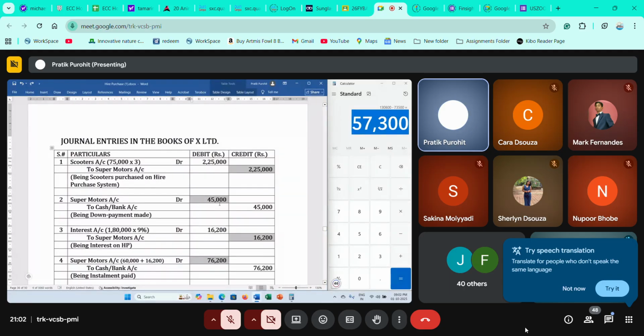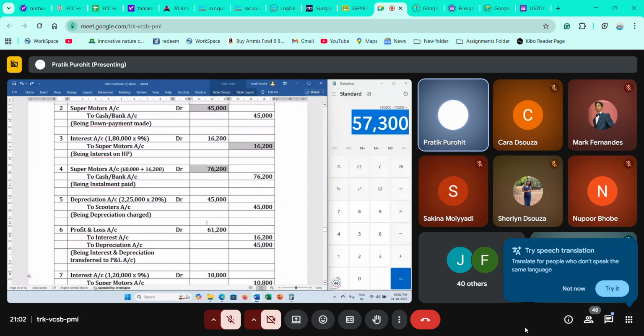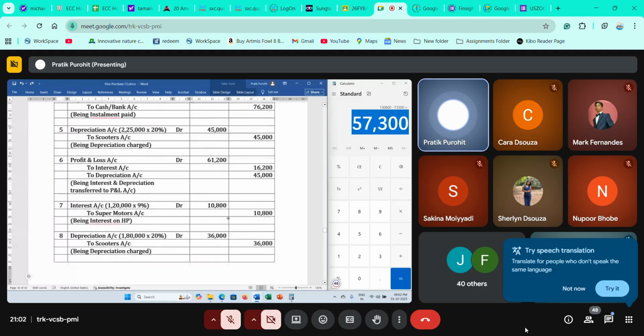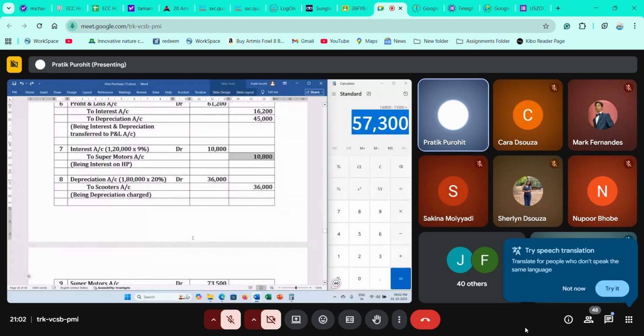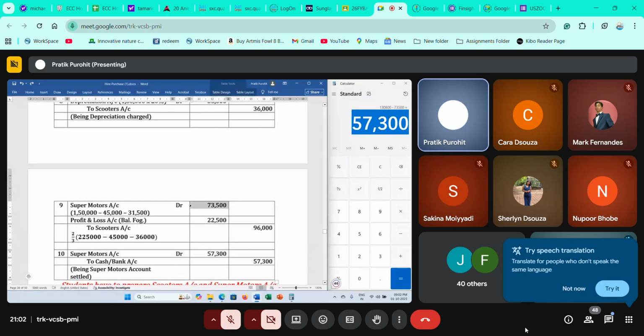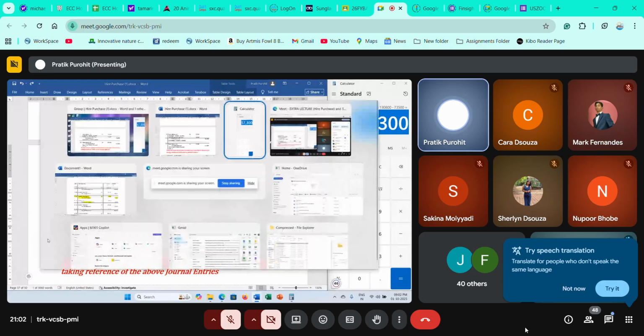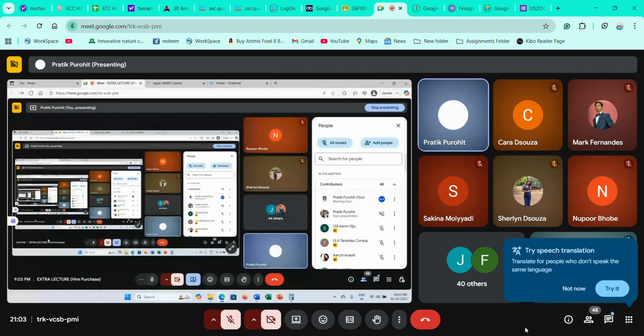So I'm just recreating the ledger account on the calculator. In the second entry Super Motors is credit, so add. Then Super Motors debit, less. Whatever is left is the balancing amount. This is 57,300. I will pay them this and it is finished.